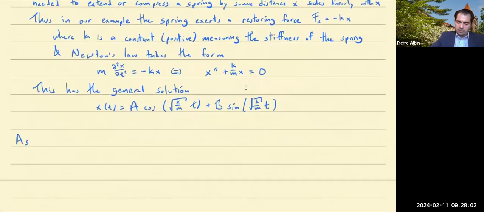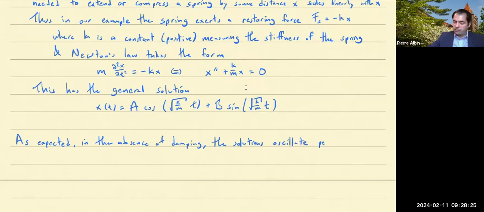Okay, so as expected, in the absence of damping, the solutions oscillate periodically, with natural frequency omega naught equal to the square root of k over m.